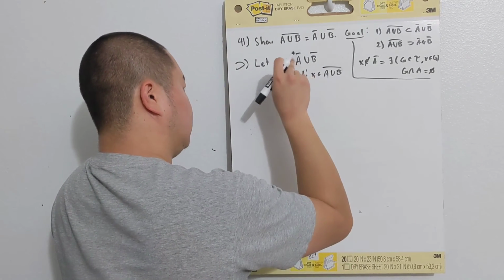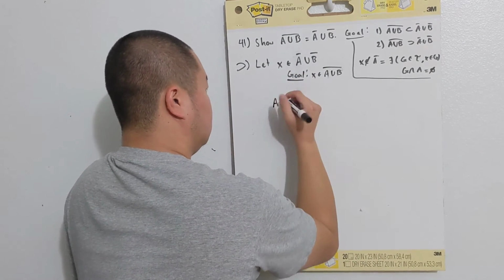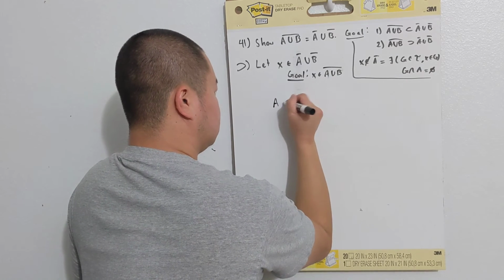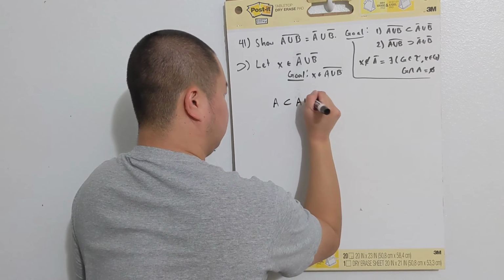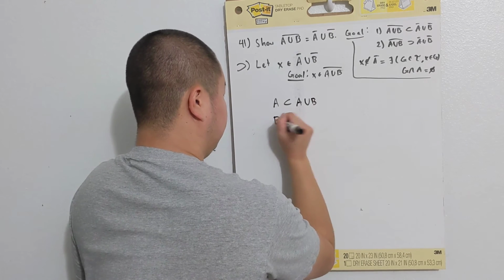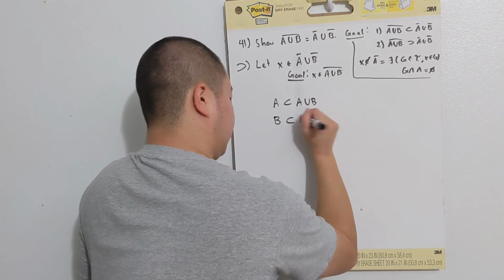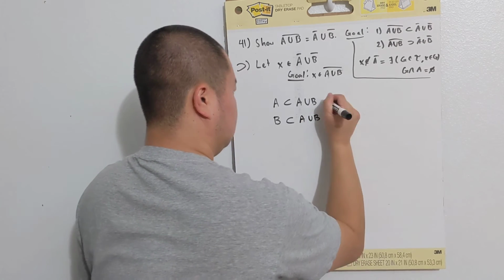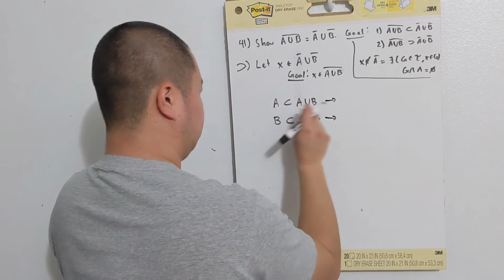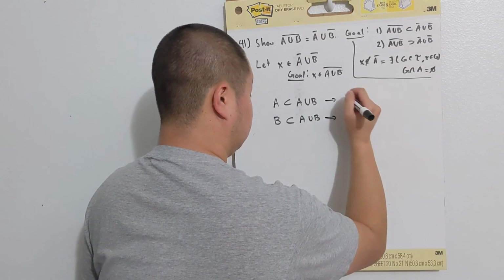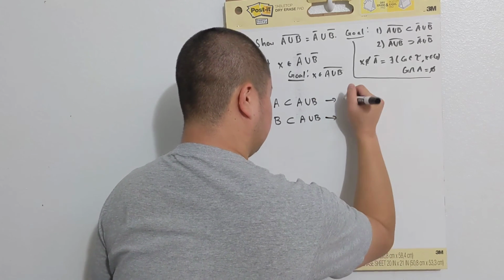So since we can say that A is a subset of A union B, and B is a subset of A union B as well. If we take the closures of both sides, this preserves containment.